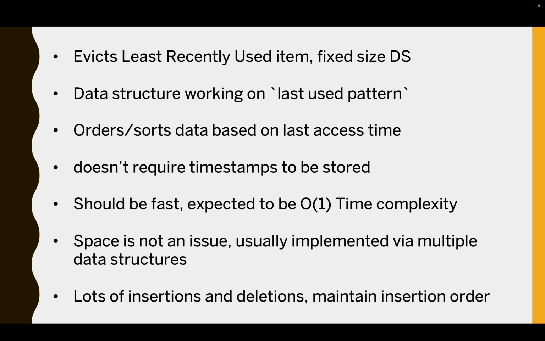That's because it evicts the least recently used item. Since this is a fixed size data structure, when it is approaching its size limit, it will delete certain items. And which would that item be? That would be the least recently used item. So the eviction policy is LRU, and that is where the name comes from. If you don't understand it, that's fine, we will have a look at it later.